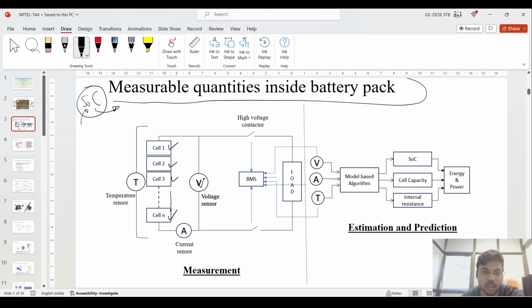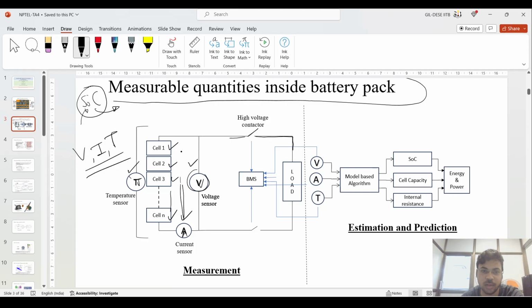Suppose I have cell 1, cell 2, cell 3 and n number of cells. You have to monitor the voltage level, current level and temperature level. These are the basic measurable quantities: voltage, current and temperature.